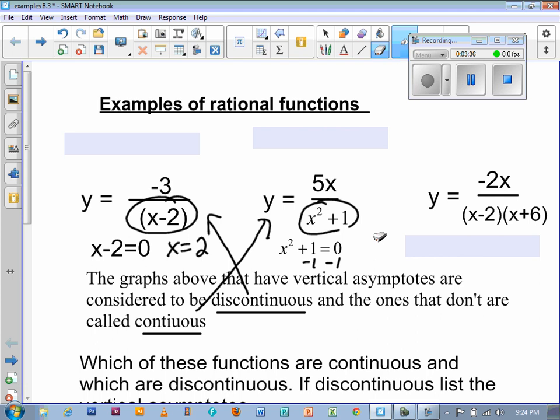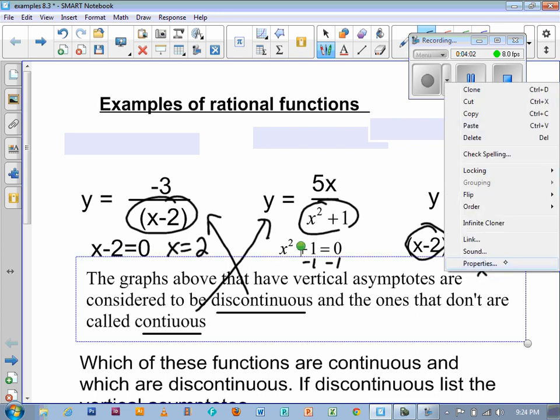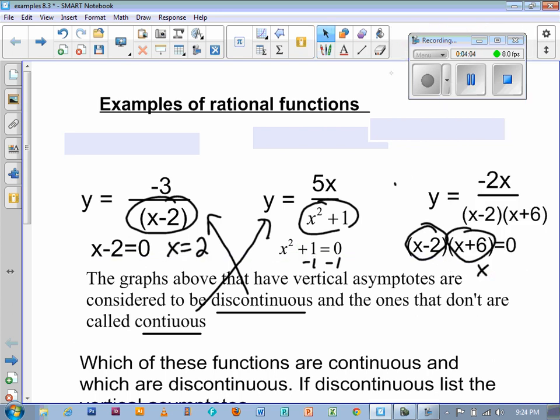The last rational function has two binomials in the denominator. Let's set it up first. First thing you do is you set x minus 2 times x plus 6 equal to 0. Ask yourself this question: is there something that we could put in for x that will turn this into a 0? There's actually two values here. x could be 2, or x could be negative 6.